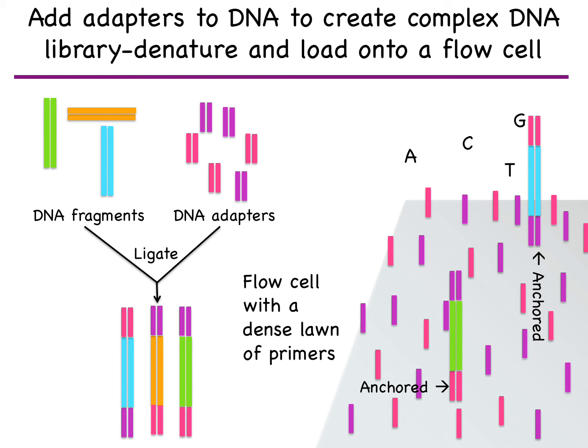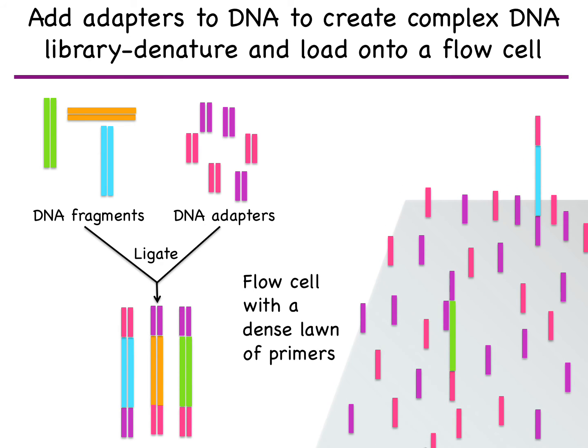But the other one's going to stay attached to the flow cell because it's anchored there. So these initial steps in the sequencing reaction are actually just amplifying, because you're starting off with one single molecule. You need to amplify the number of molecules present on the flow cell at this particular spot to make many, many copies, or else you won't be able to detect the signal when you start doing the sequencing reactions, which we'll come to in a little bit.